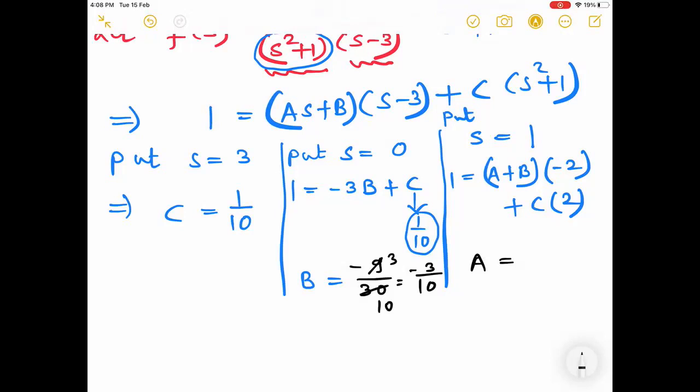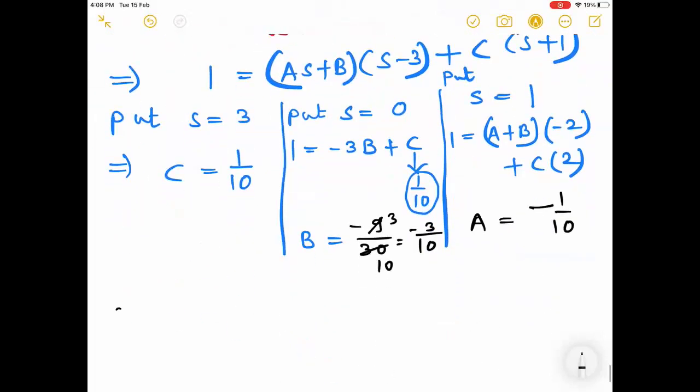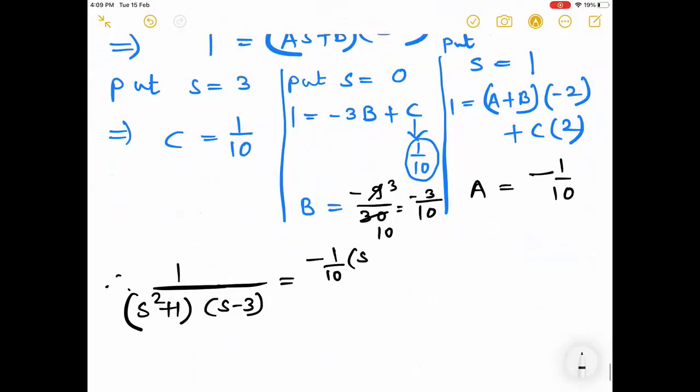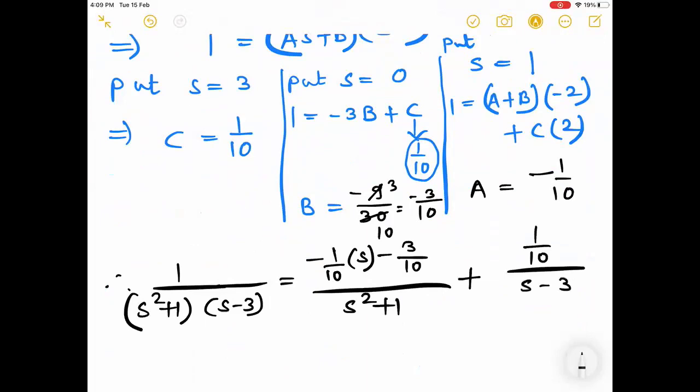Minus 1 by 10. Yes, minus 1 upon 10. Good. So all three values you got, put them there. Therefore 1 upon (s square plus 1) into (s minus 3) equals (A s plus B) upon s square plus 1, that is, minus 1 by 10 into s plus minus 3 by 10 upon s square plus 1, plus C, which is 1 upon 10 divided by s minus 3.